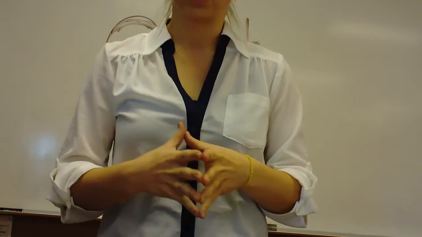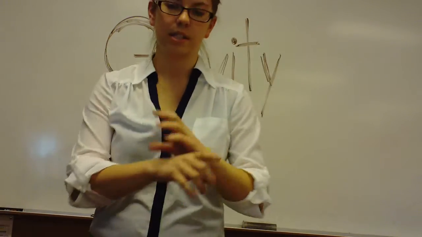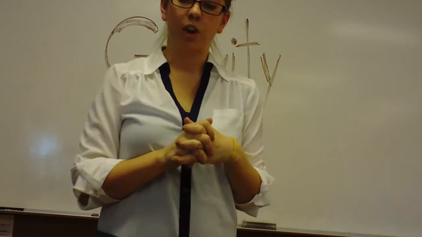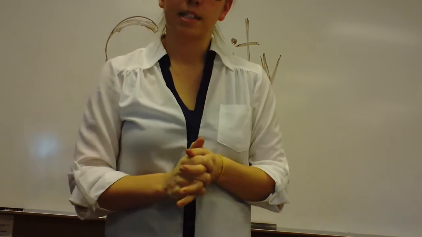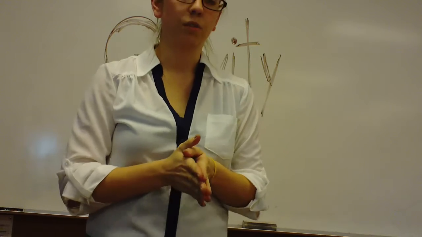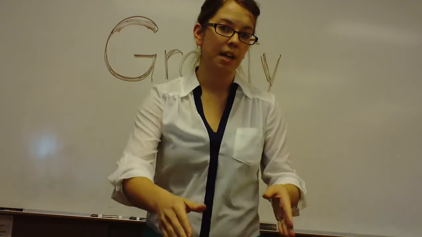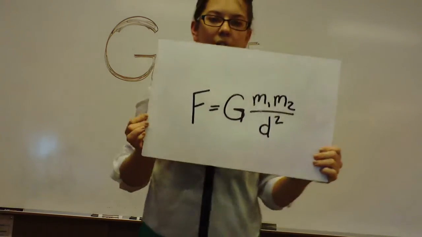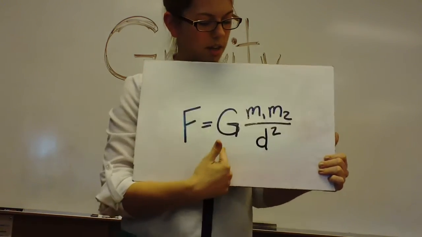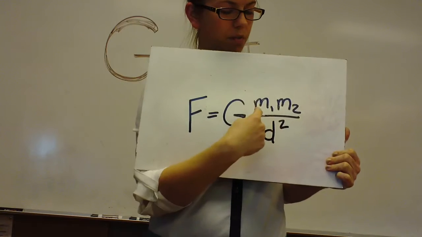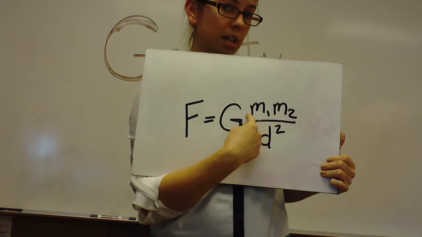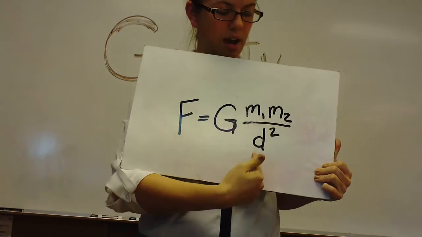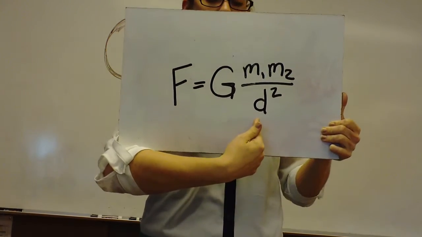Newton's law of universal gravitation, so that's the blank that you write in. Newton's law of universal gravitation gives the size of the gravitational force between two objects. Now we find that force by the gravitational constant times the mass of the first object, times the mass of the second object, divided by the distance between them squared.